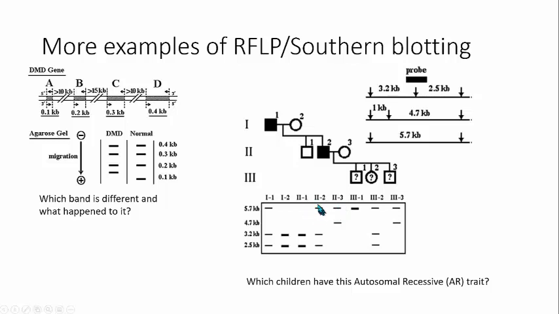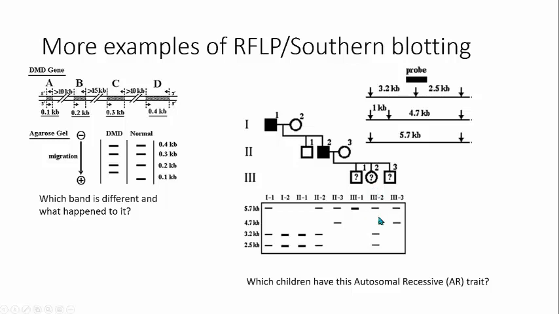And if we get it from the father, it's probably the unhealthy allele. So this child got that 5.7 from both parents, so it must be homozygous for the 5.7 allele, but heterozygous with regard to the disease.